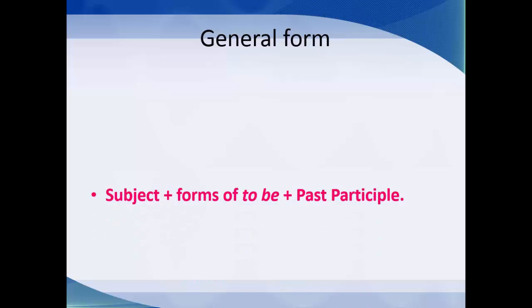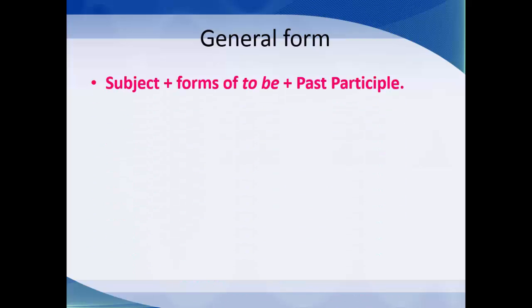Let's take the general form of the passive. We start with the object of the sentence, then forms of verb to be, then the past participle.